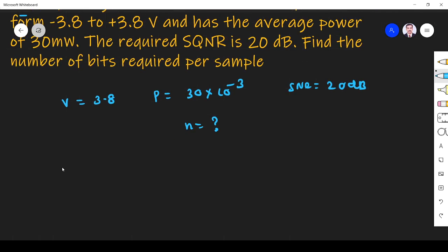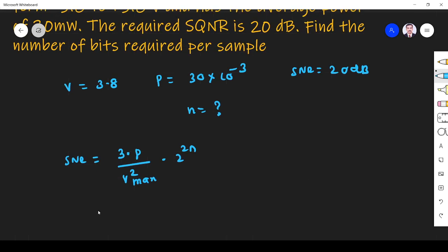So what is the formula? SNR is equal to 3 into P divided by V squared max into 2 power 2n. They have given SNR as 20 dB, but I have to write it in linear scale.